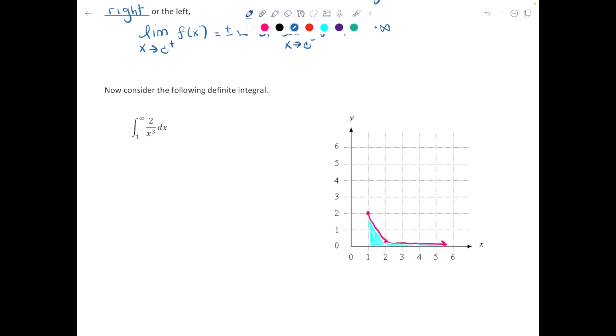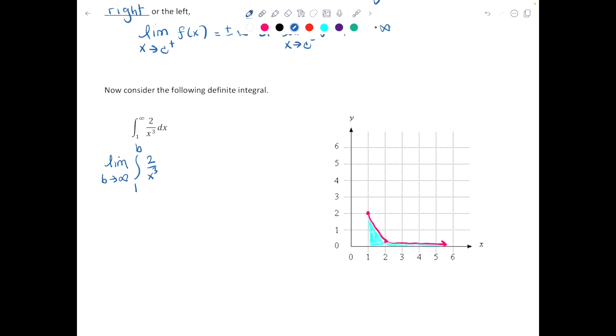So basically here we don't want to put infinity in there. So if we looked at the limit, I'm not going to put what we're approaching yet. Let's say we went from 1 to b of 2 over x cubed, and then b would be approaching what?